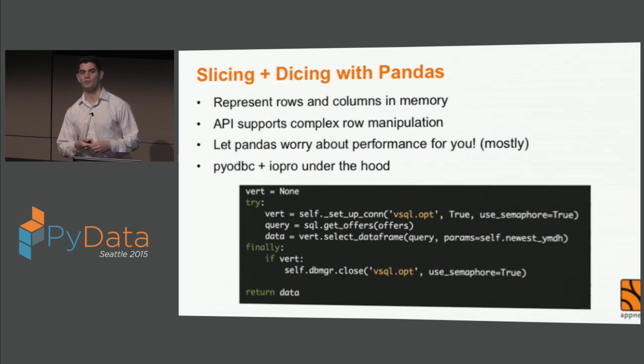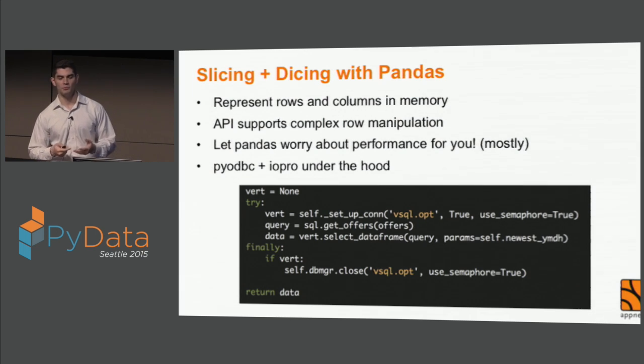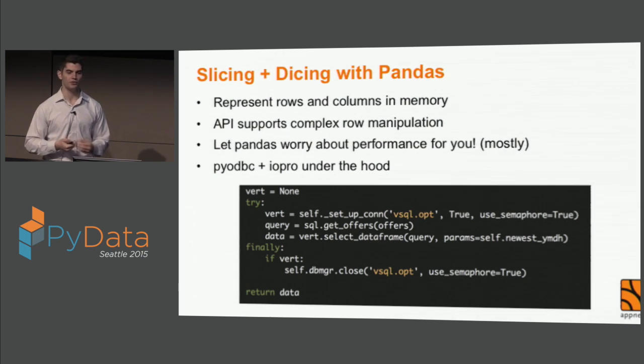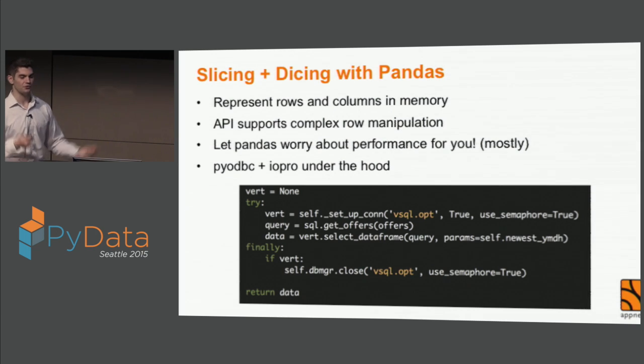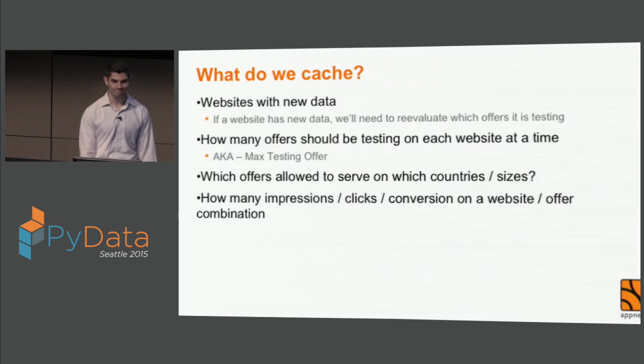Continuum is also a sponsor here at PyData, and IOPro just makes memory performance much better for pandas objects in general when storing information from external data sources. So here's a snippet of code. You can see we set up a Vertica connection, and we've built our own API to select a data frame. So we do make heavy use of pandas.